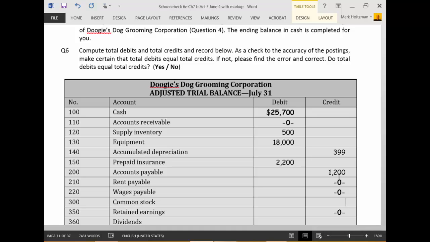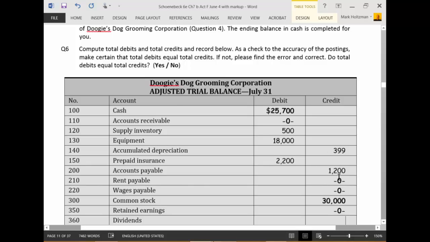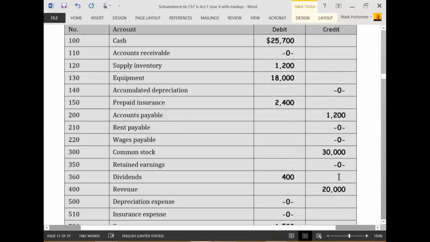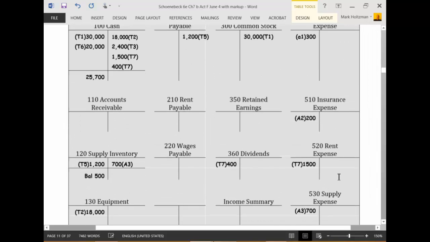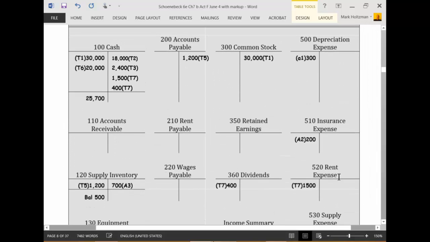Now we have common stock of $30,000. Again, I'm getting all of these from the T accounts. Here you go, I'm just not flipping back and forth. Common stock, $30,000 right over here. Retained earnings so far is 0.